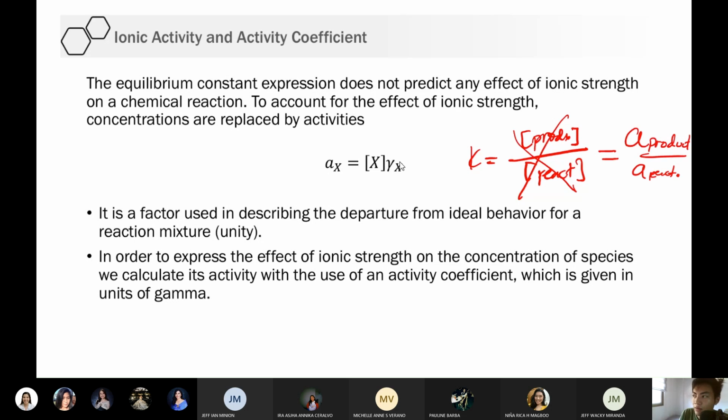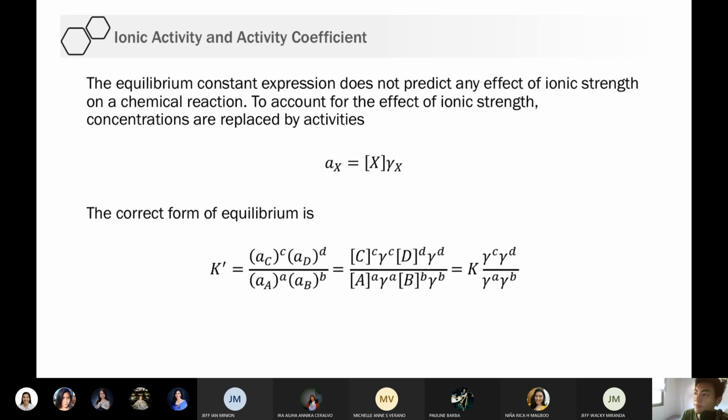To what extent will the charge of that species decrease? Gamma is that measure. So in order to express the effect of ionic strength on the calculation, we calculate the activity by multiplying by the activity coefficients, which take into account the effect of salts, of diverse ions.